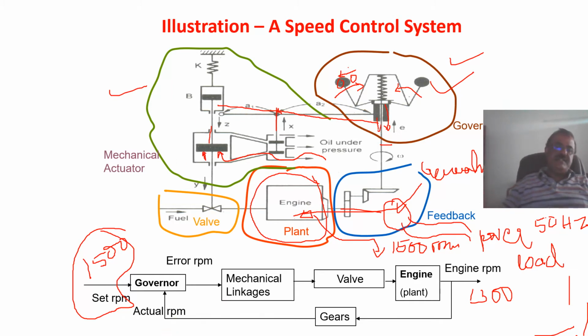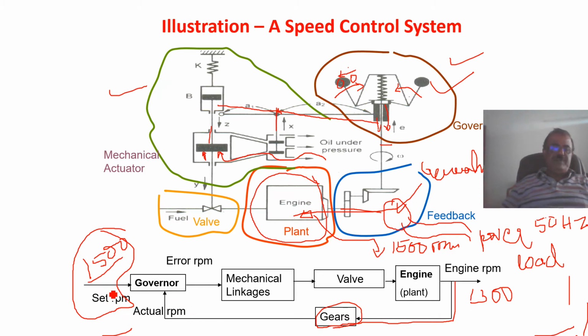So now the question is, here the desired speed is 1500 RPM, the set RPM. How do I set it? By the fly ball positions on the governor. The governor is basically a controller. The actual engine speed is transferred to the governor through gears, and because of that the fly ball position changes.